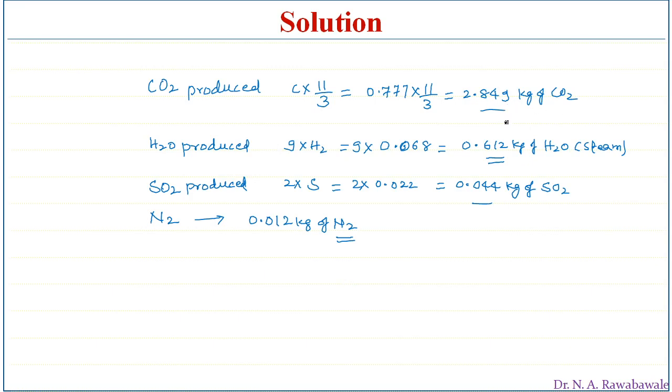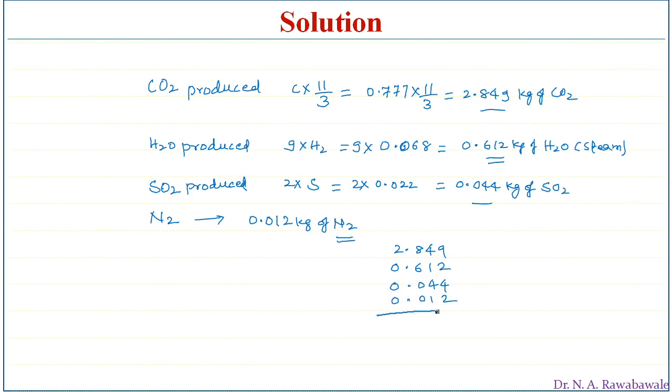So whatsoever is the total mass of flue gases produced, out of that, this is 2.849 kg of carbon dioxide. So total gases, if we see, 2.849 kg of carbon dioxide, then 0.612 kg of water, then 0.044 kg of sulfur dioxide, and nitrogen is also present, 0.012.